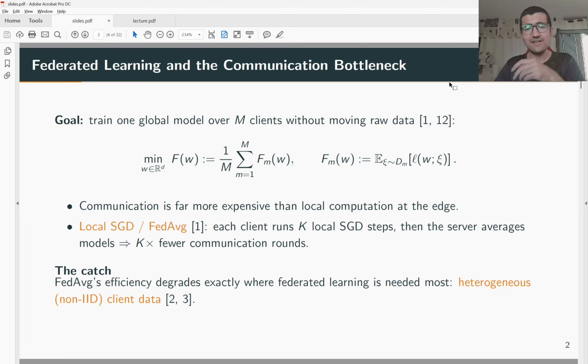That immediately buys you a factor of K fewer communication rounds. And this is the catch at the bottom of the slide: this efficiency degrades exactly where federated learning is needed most, when client data is heterogeneous, what we call non-IID. And that's essentially always the case in practice.